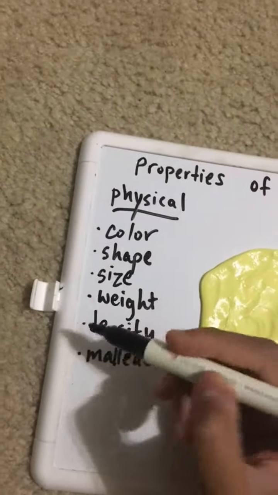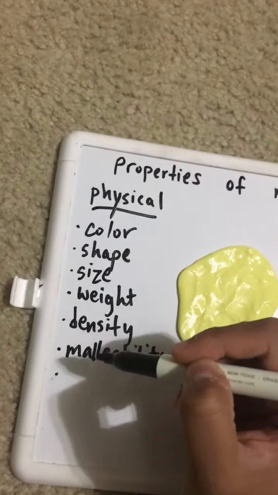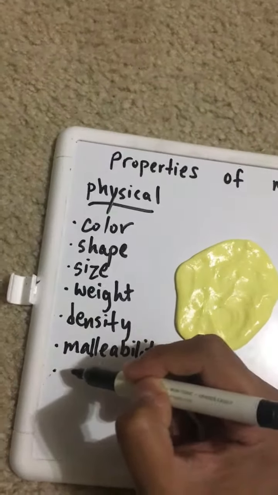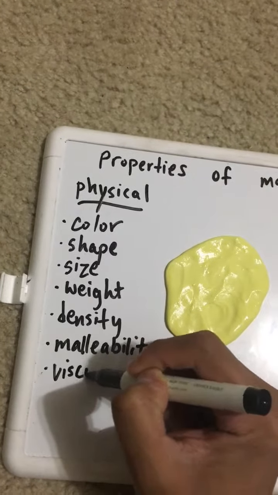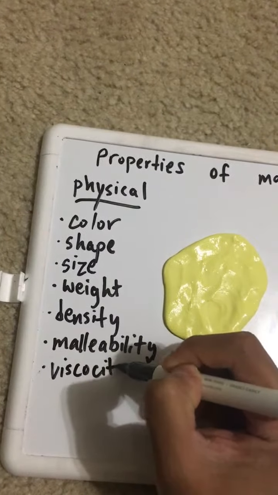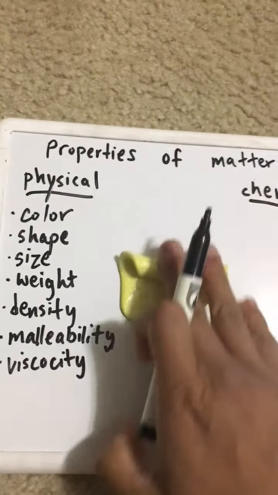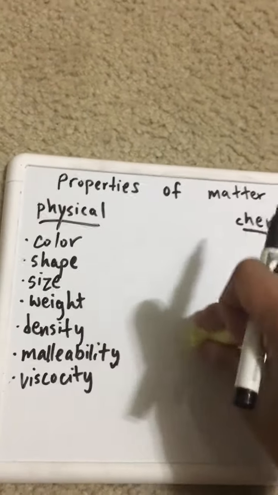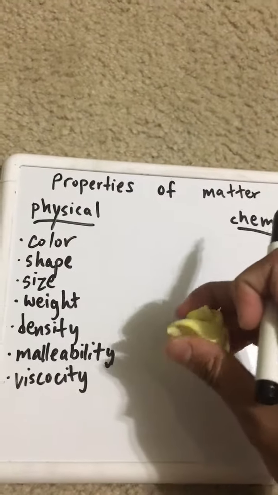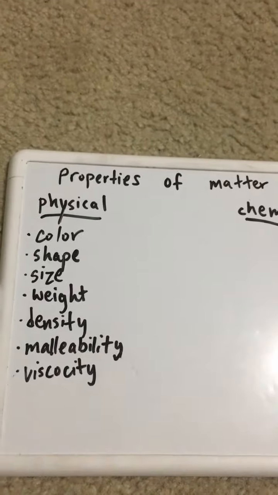Okay, so another one that may not be a common word is viscosity. Now viscosity is usually referred to liquids, and viscosity refers to the thickness of the liquid.